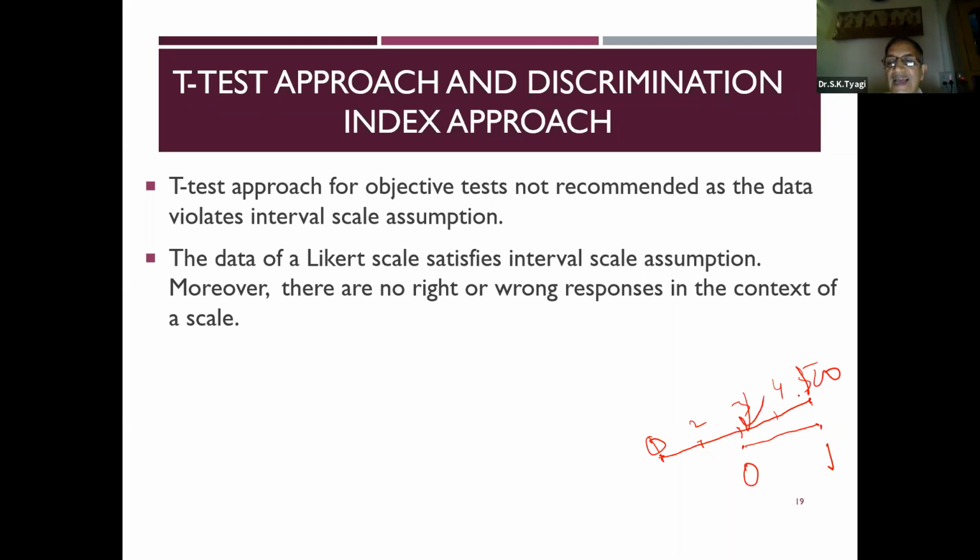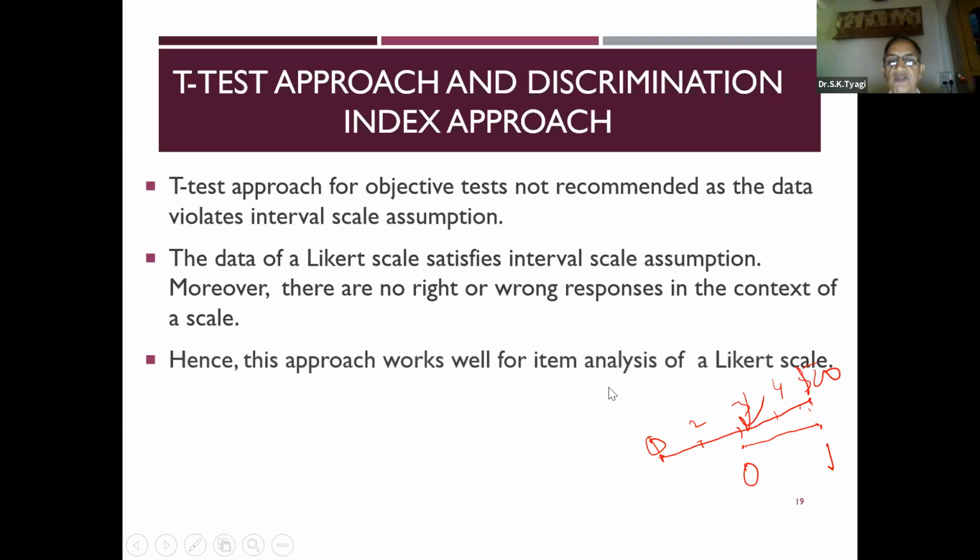Therefore, in a scale, this works well. There is no objection to this approach if we apply it in the context of a scale. But in the context of a test, some people object to this approach. Hence, this approach works well for item analysis of a Likert scale.